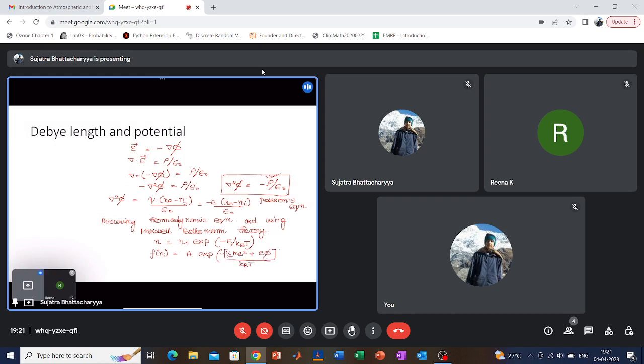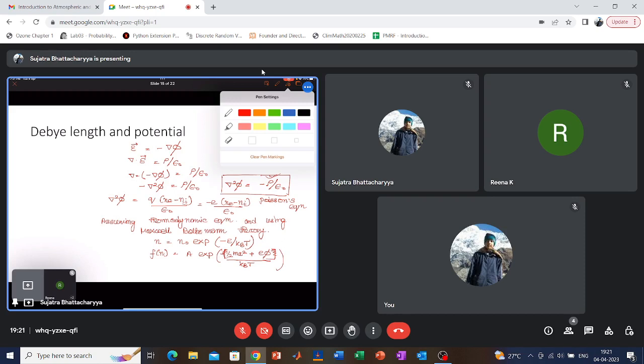We are writing E into phi because, see, do one thing, take this bracket off or I erase it. Yeah. So this is the thing. See, I have written plus E phi.